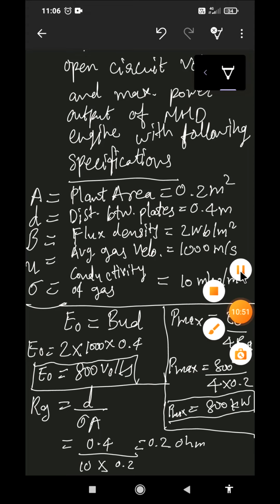Then the fifth point is all kinds of heat resources such as coal, oil, gas, solar, nuclear can be used with the MHD generators. So all resources can be used with MHD generators.